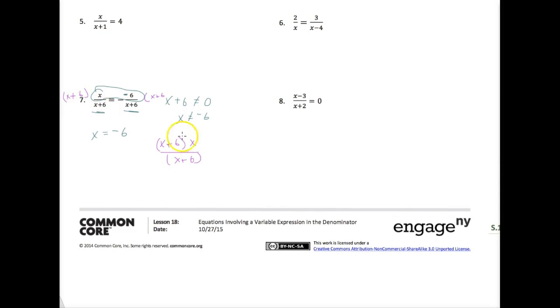That's what this side looks like. And then equals negative 6 times x, oops, missed a parenthesis, plus 6 over x plus 6. Now, even with parentheses, we have 1s. So what we have is a couple of pairs of very obvious ones. Here's a 1, and here's a 1.